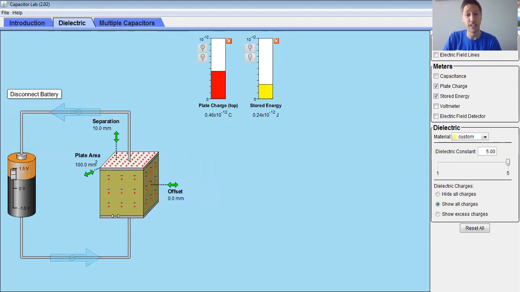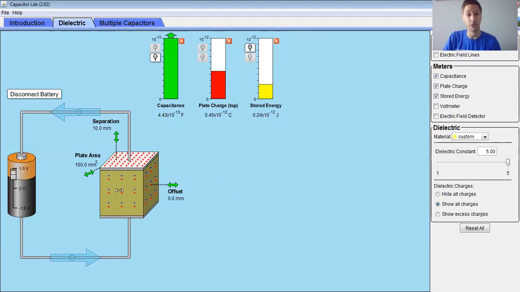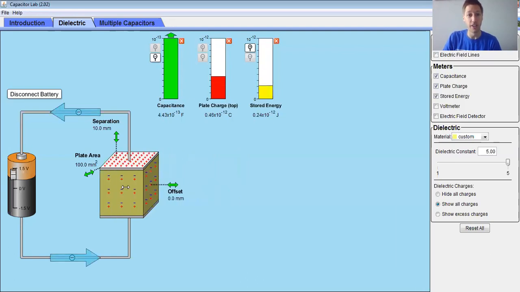Adding our dielectric, now we can build up more charge before it jumps across, and because we can build up more charge, we have more stored energy. That's also why AEDs have child or adult settings, based on the amount of energy they want to give through the shock. Capacitance and energy aren't exactly the same thing, but as far as we're concerned, they are proportional to each other.